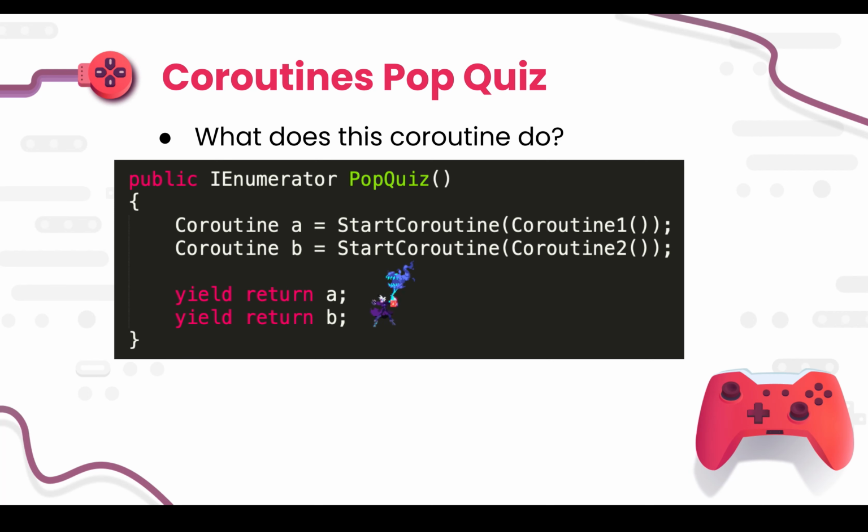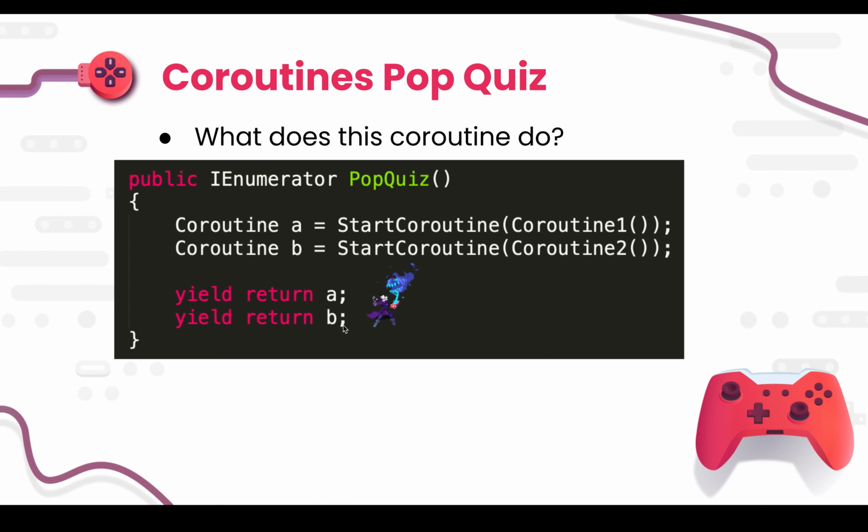Here's a pop quiz. What does this coroutine do? Take a moment to think about this, pausing the recording if needed. Okay, so first, we start running coroutine 1 as coroutine A and coroutine 2 as coroutine B at the same time. So this part is in parallel. Then we wait for A to finish and then for B to finish.